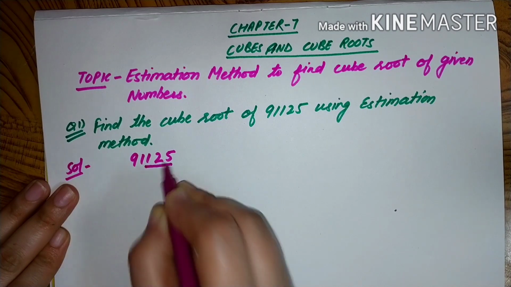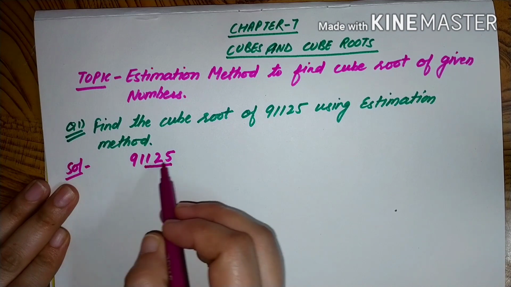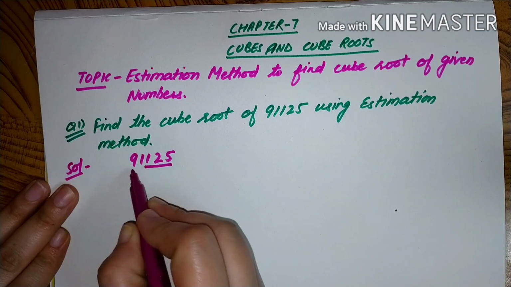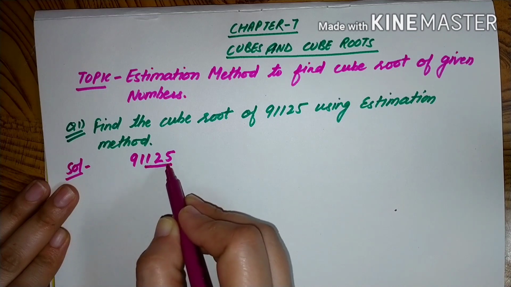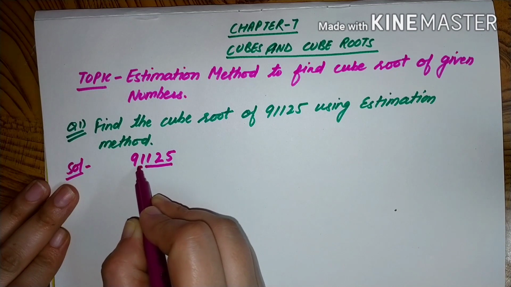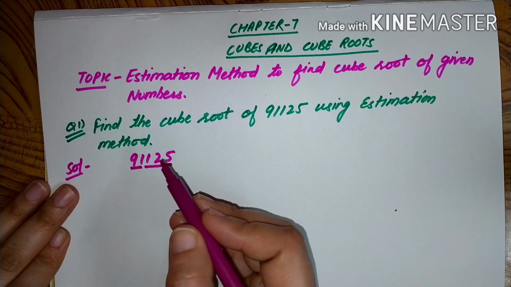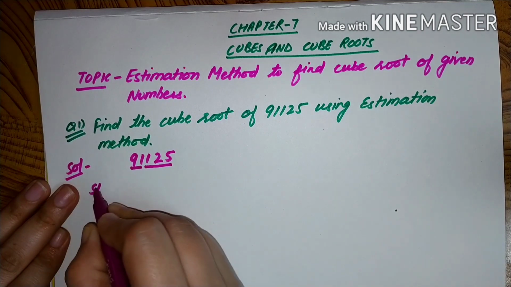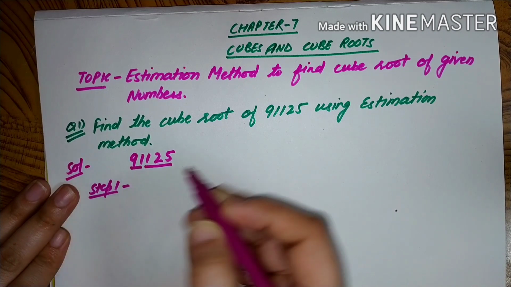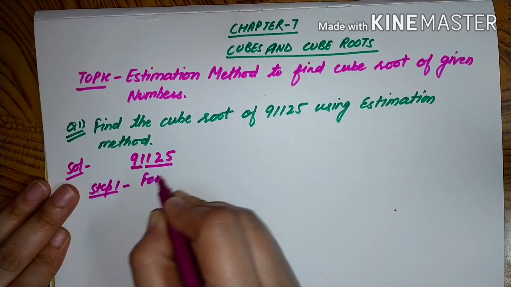So from the last we'll take 125, that we will form as group number 1 of 3-digit numbers. Then whichever numbers are left, we will take as group 2. So in step 1 we will form 2 groups.